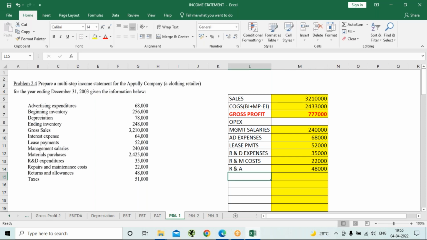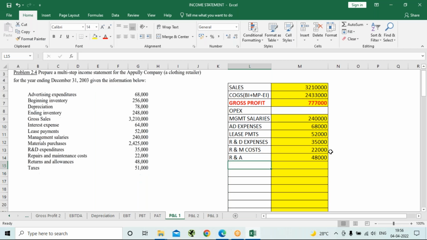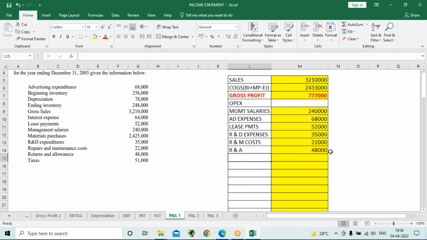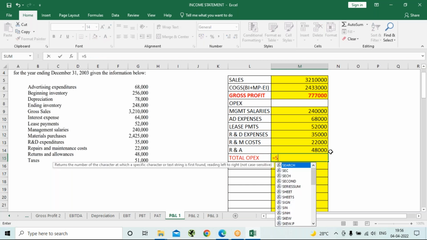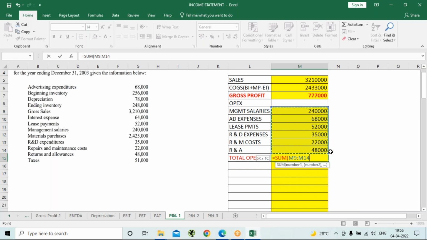Is there anything else? Once again, have a look and let me know if anything else comes under the OPEX. So that's it. Okay, fine. So we will consider this and make total OPEX equal to the sum of all the above values.